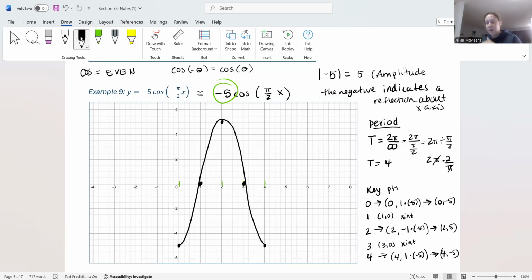Now let's keep this going. Let's see if we can draw 2 more cycles of -5 cosine of pi over 2 x, okay? We would have an x-intercept here, an x-intercept here, and an x-intercept here and here. We would have a max here, and then a min here and here.